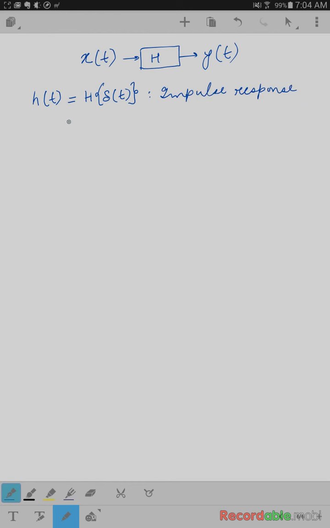And if the system is LTI, which is to say it is linear and time invariant, then h(t) really suffices to predict the response to any input.